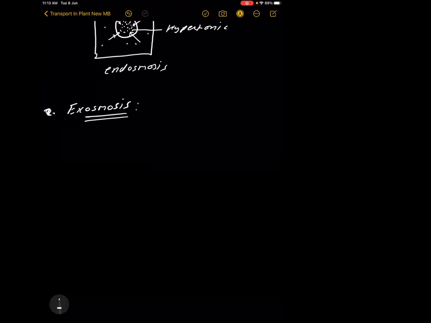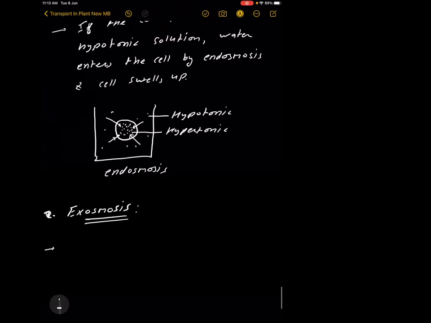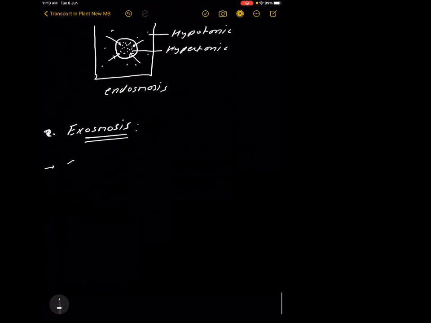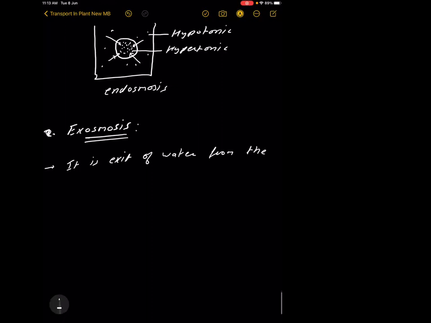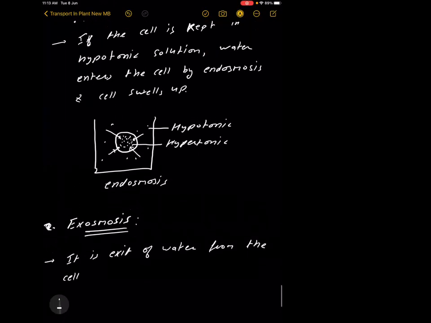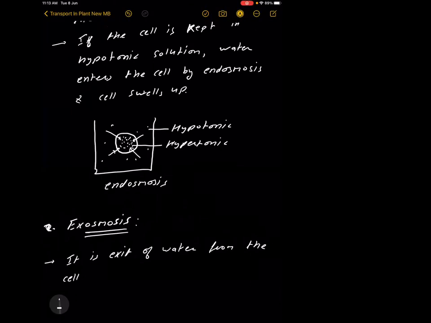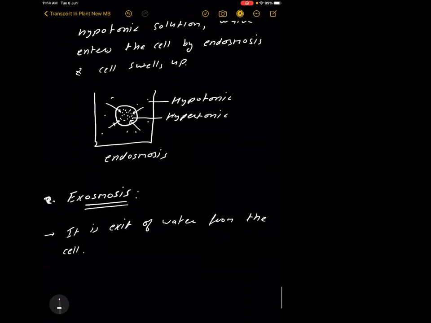Exosmosis is just the opposite term. Here is exit of water. Sir, can you once scroll up? It is exit of water from the cell sap or cell. That is called exosmosis.